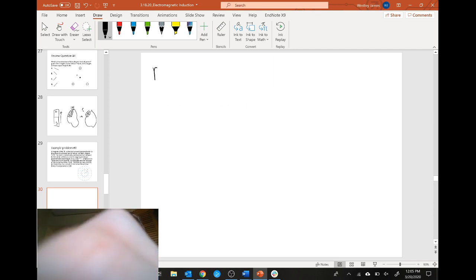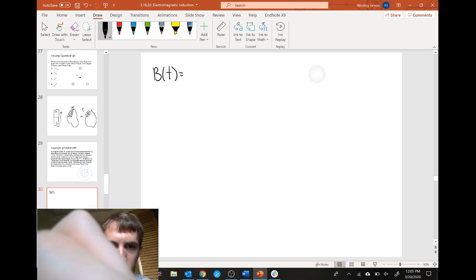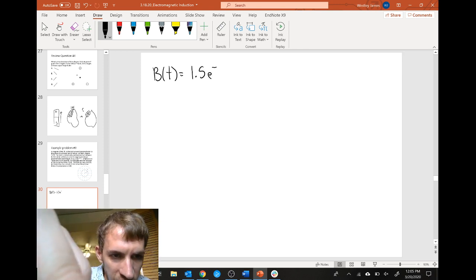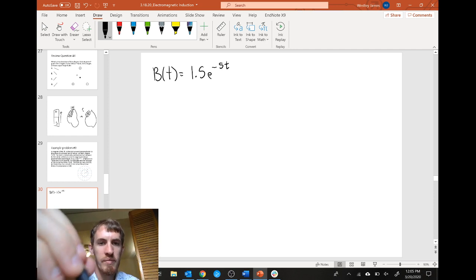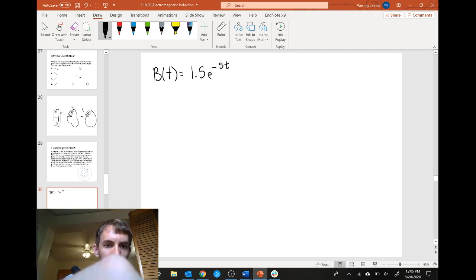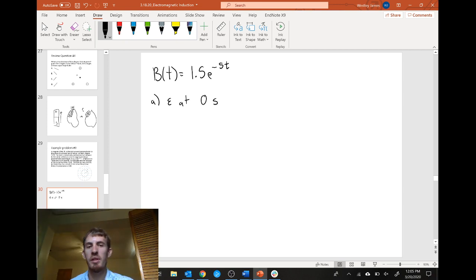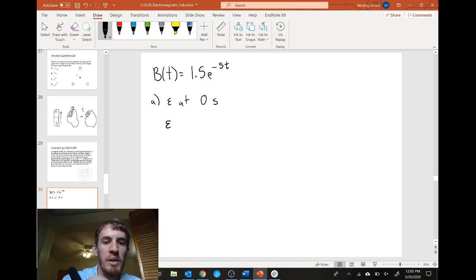We know our magnetic field with respect to time, it's just a function, is 1.5 e to the negative 5 times t. First question, what is the EMF at, what time is that? 0 seconds. And you may be like, oh, I'll just plug in 0 there and be done. No, remember, we have to do our recipe. We have to find the EMF is the negative N times the change in flux with respect to time.